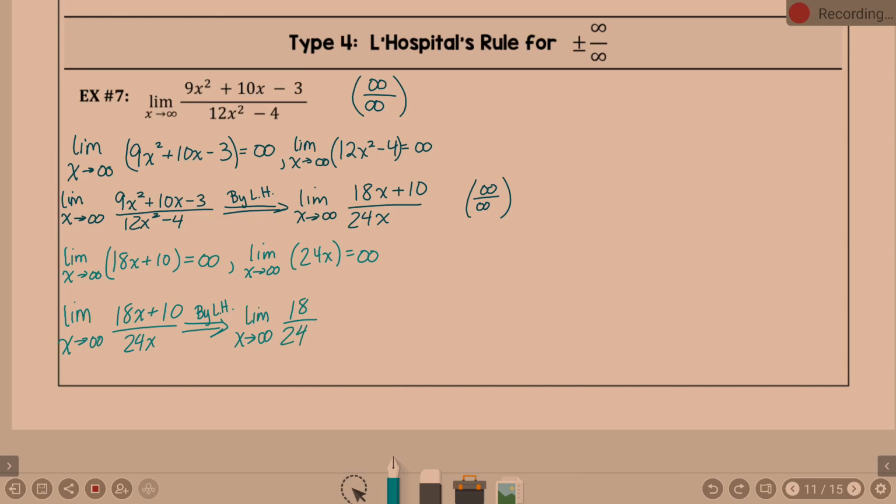So the limit as x approaches infinity of 18/24, which reduces to 3/4. When it's infinity over infinity, you're basically going to your top and bottom until you've gotten rid of the x; at least one of them has to have gotten rid of the x.